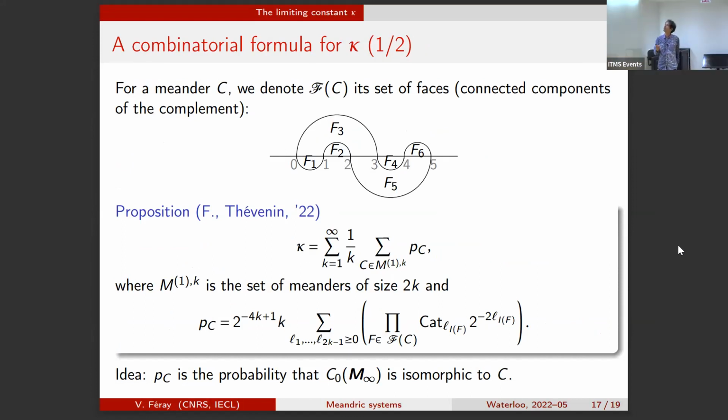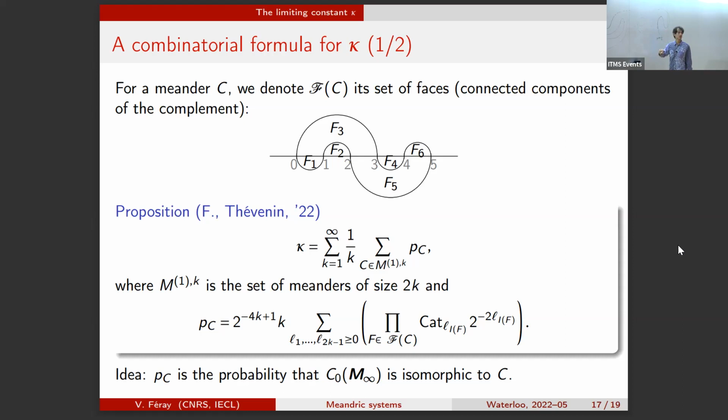I promised you also some more combinatorial description of kappa. And here it is. So the idea is that kappa is the expected inverse size of the component of 0. And what we will do is look at what are the possible shapes of this component. So it can look like that, with something in the middle, something here, something here. And so that's the case where the component has size 2.